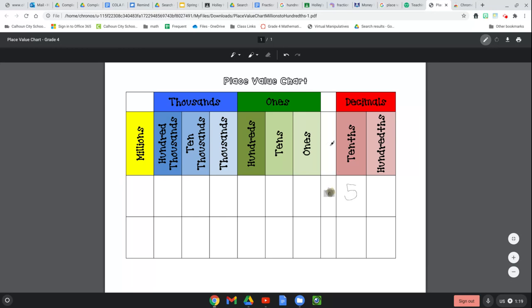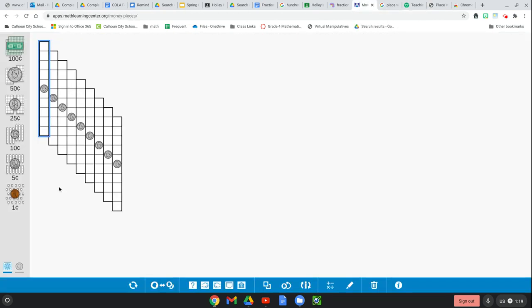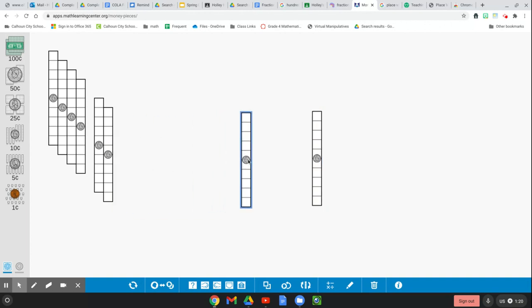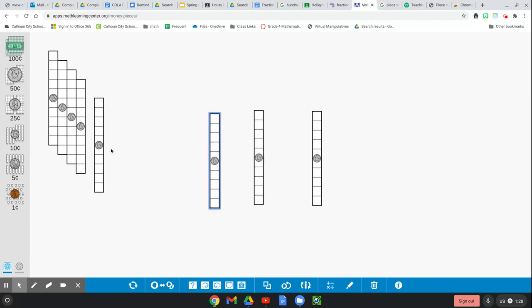So just like we were talking about when I was writing on my whiteboard, 5 tenths is the same thing as 5 tenths. So that's like if I had 5 dimes, I'm going to refresh this. Throw this all away. I had 1, 2, 3, 4, 5.